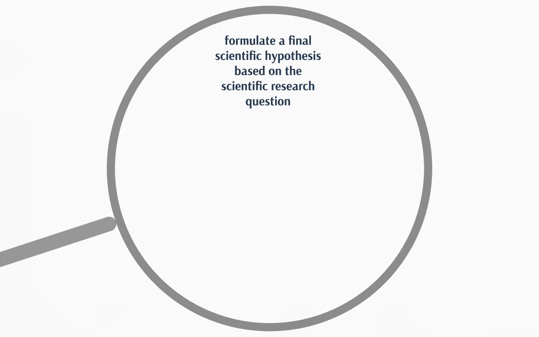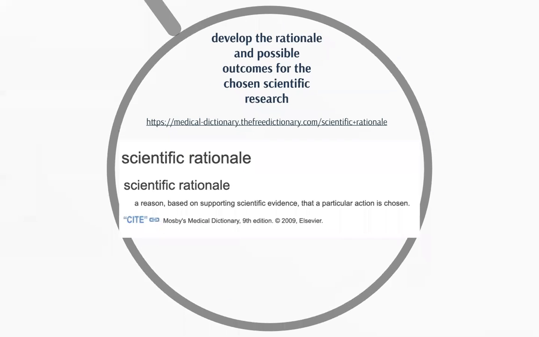You would have also formulated a hypothesis. So your idea is that you think something's going to happen and you prove it one way or the other. Your final scientific hypothesis is what you're going to use your data for. And of course, you've also developed a rationale, which is just the reason why you're doing this.